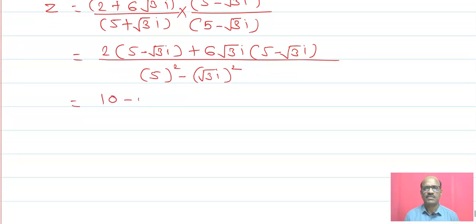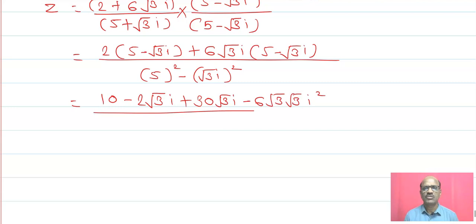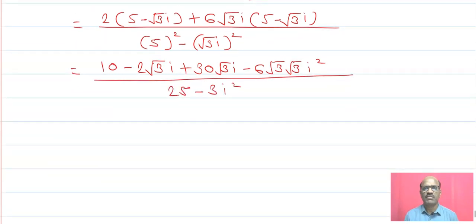Therefore, that is 10 minus 2 root 3i plus 30 root 3i minus 6 root 3 into root 3 i square, upon 25 minus 3i square.